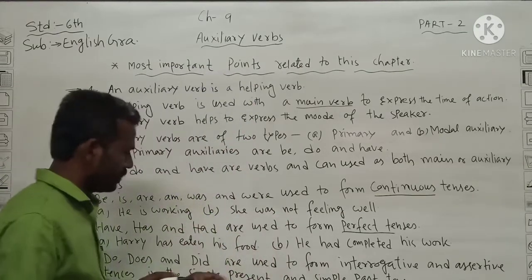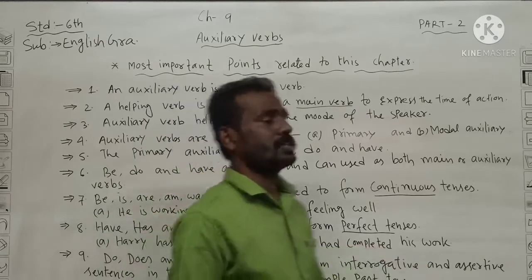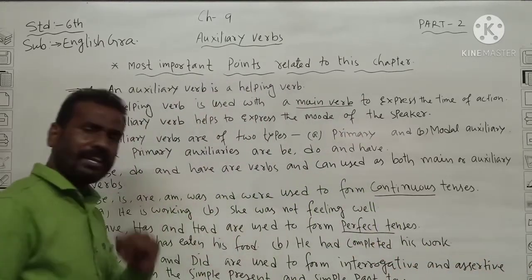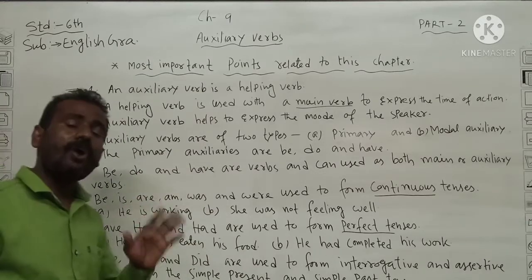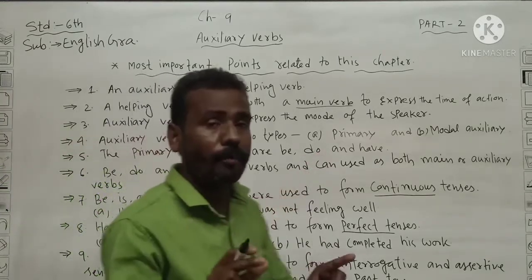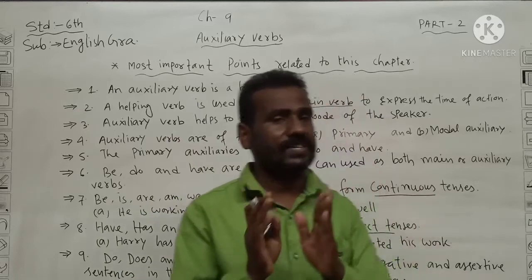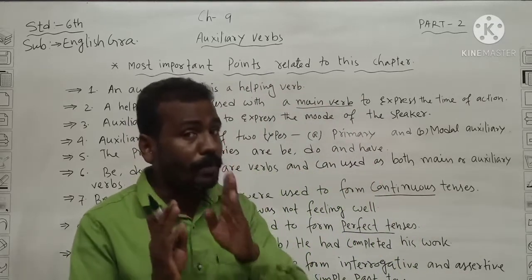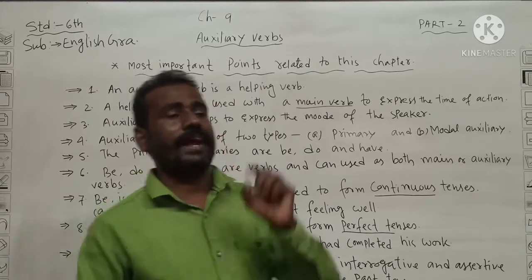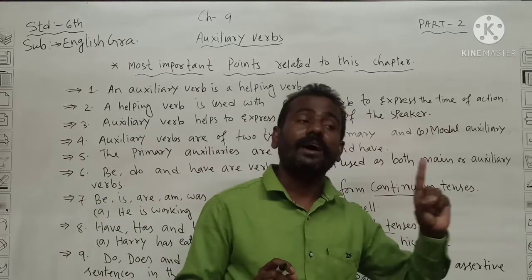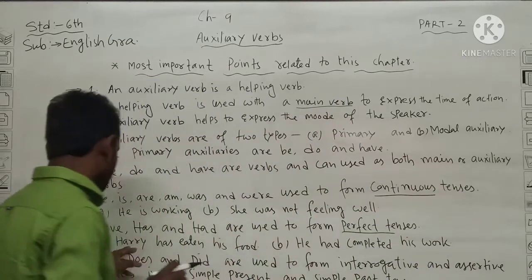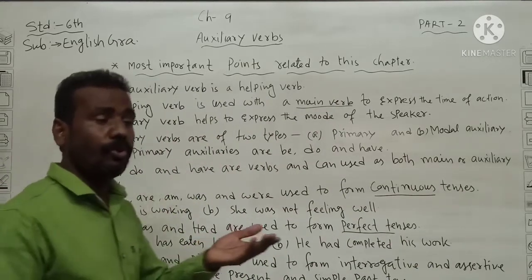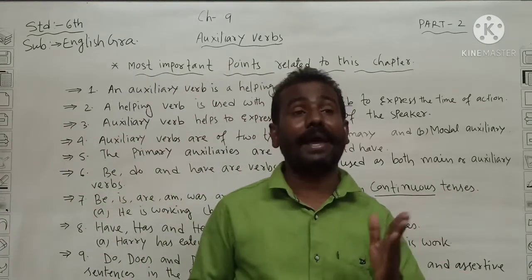This is perfect. He had completed his work. उसने अपना काम पूरा कर चुका. This is the perfect. One thing I am telling, how to form the perfect tense. Perfect tense कैसे बनाया जाता है? Pay attention to this line in the proper way. If you do not understand, listen again and again. Here, subject after have or has, but you have to know where to take have and has.